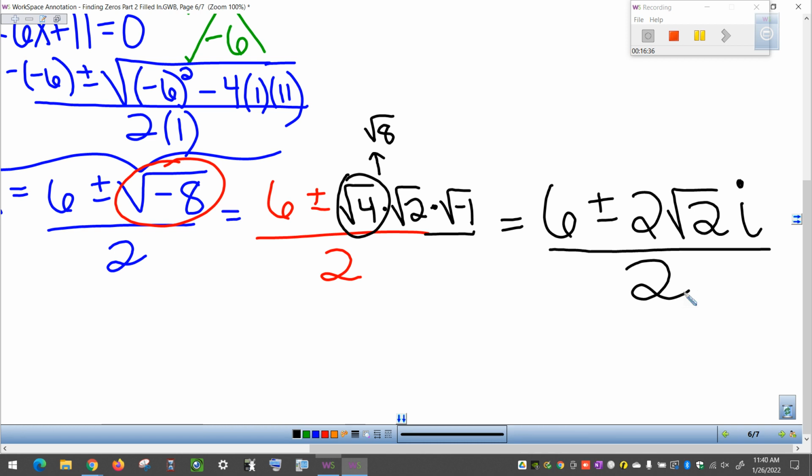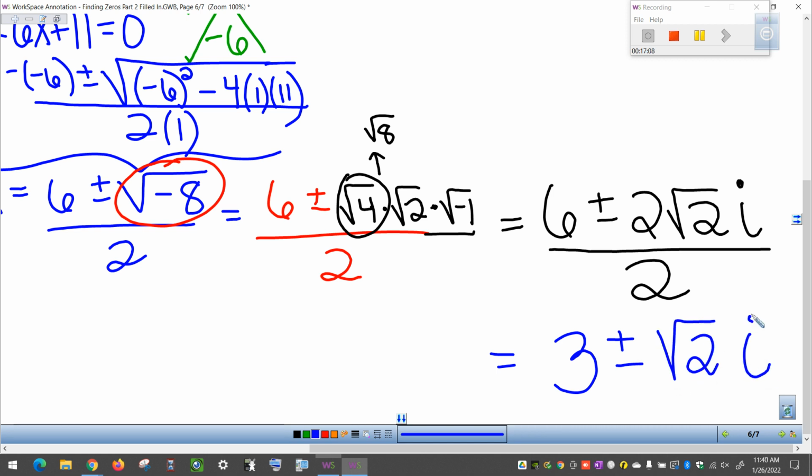And then this is one of those where we could actually go one more step. We can divide both parts of the top by 2 on the bottom. 6 divided by 2 is 3. And when you do this part here, it's only the 2 in the front that is dividing by the 2 on the bottom. And it's kind of like they're going to cancel out. So all we're left with is the square root of 2.